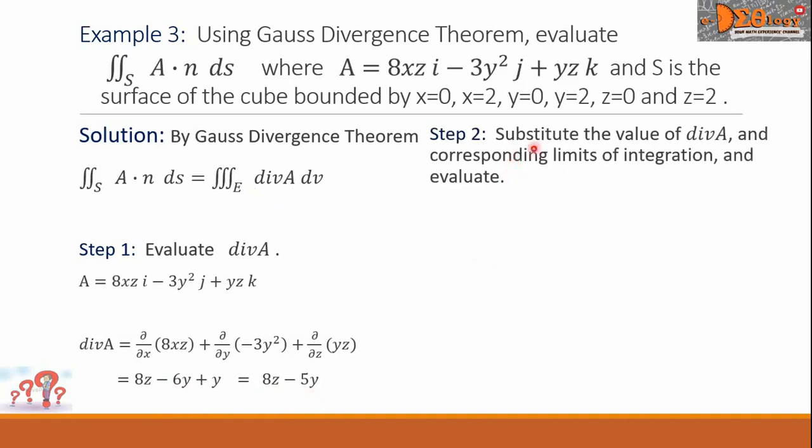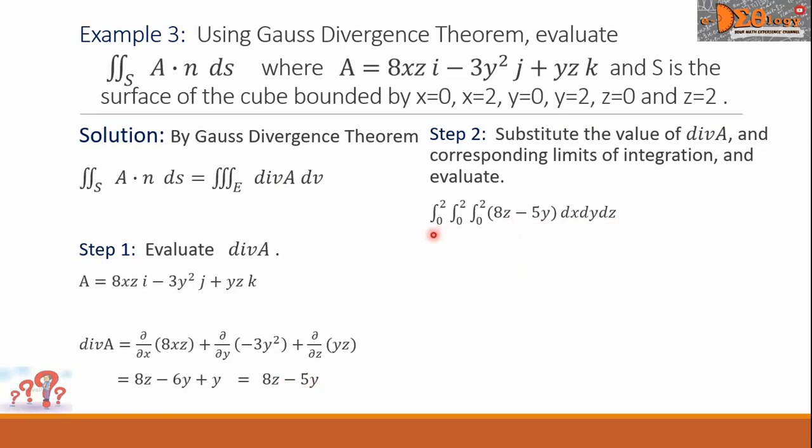For step 2, we substitute the value of div A and the corresponding limits of integration and then evaluate. We write the triple integral like this. The dV here is now changed into dx, dy, dz. The div A, we get the value from step 1, the 8z minus 5y.